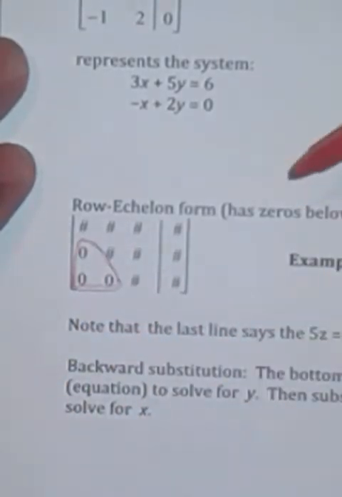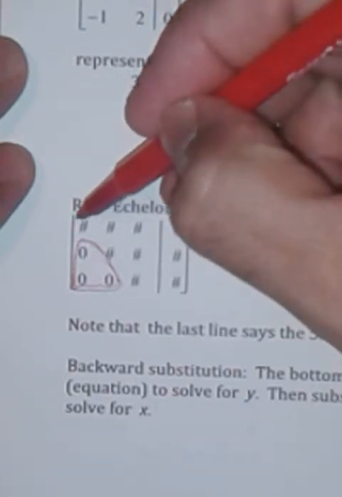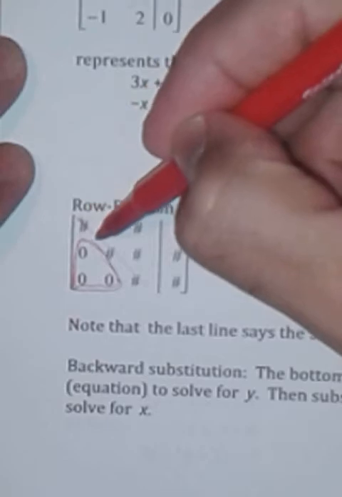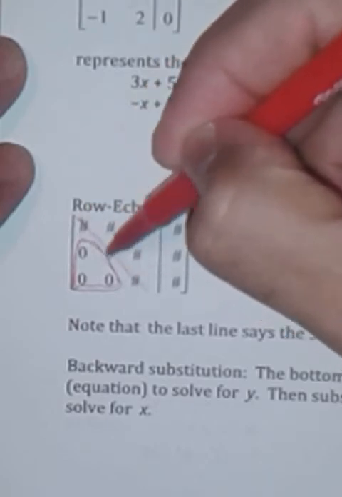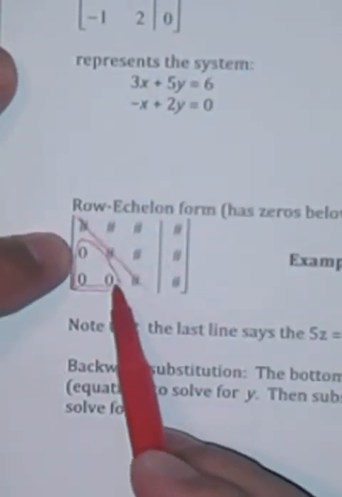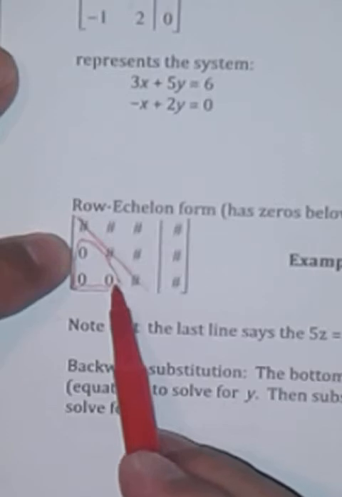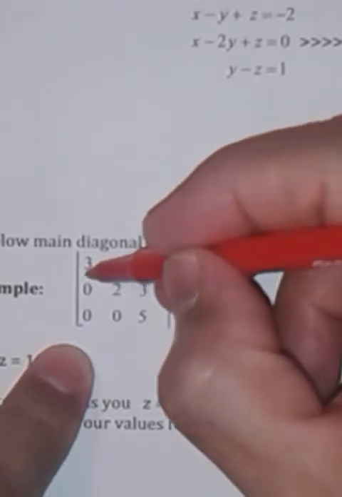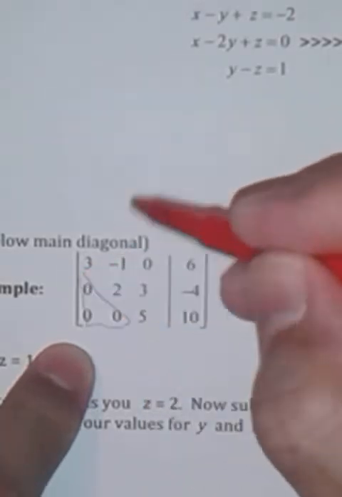The way you look at it is, this is called the main diagonal, starting from the top left and going diagonally down. That's called the main diagonal, and below the main diagonal, it's all zeros. So let's look at an augmented matrix that's representing a system of equations, and it's in row echelon form. So you have the main diagonal, and below it, you have the zeros.